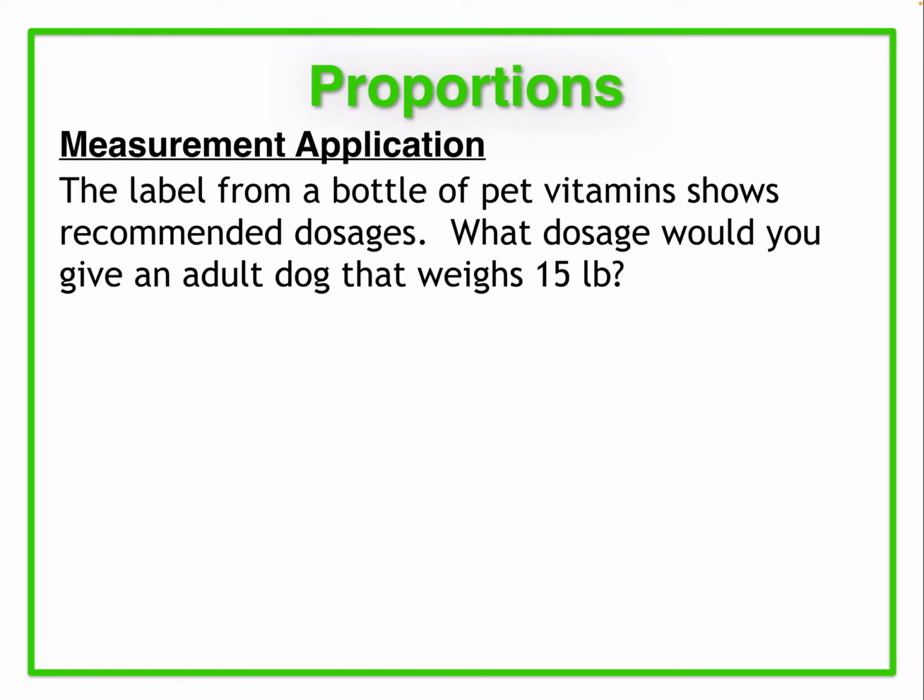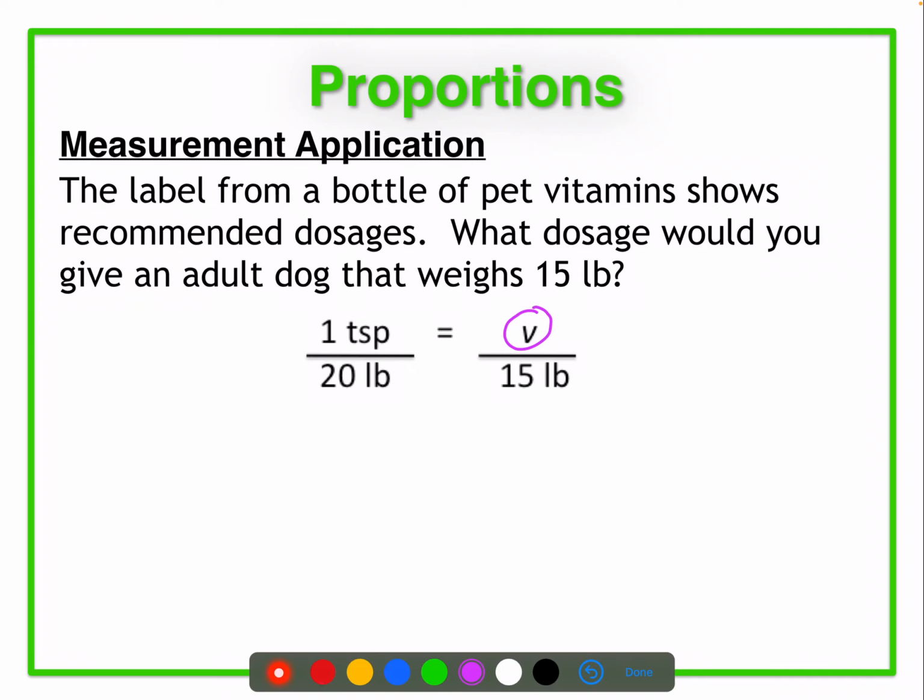Now, measurement application. It says the label from a bottle of pet vitamins shows recommended dosages. What dosage will you give an adult dog that weighs 15 pounds? The proportion of the dosage is 1 teaspoon for a 20-pound dog. So we have to find how much of a teaspoon we have to give to a 15-pound dog.